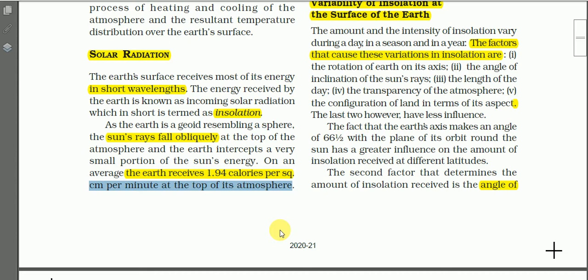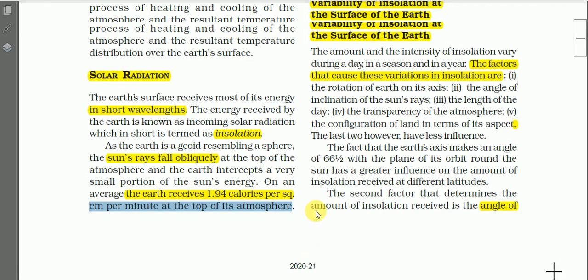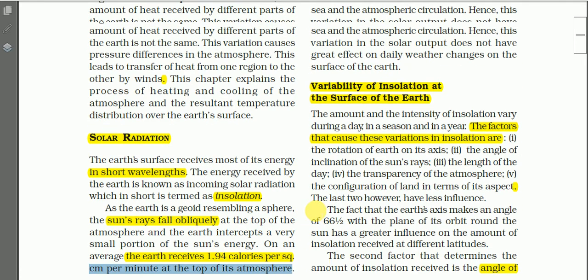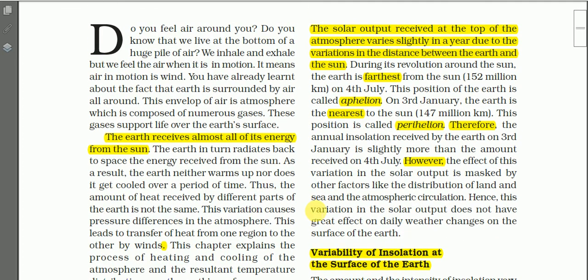So at the top of the atmosphere, the Earth receives only 1.94 calories per square centimeter per minute, and this is termed as solar constant. This value is known as solar constant, and with this amount, the whole weather phenomena and life on the Earth exist.